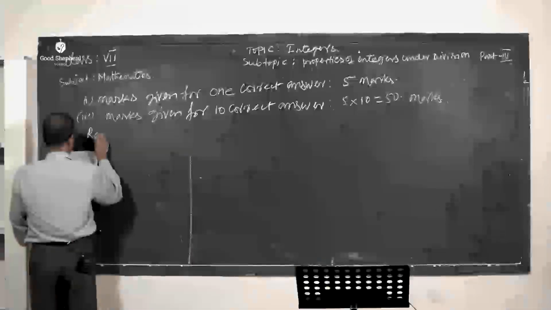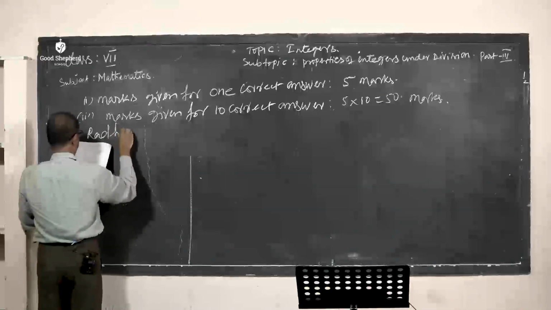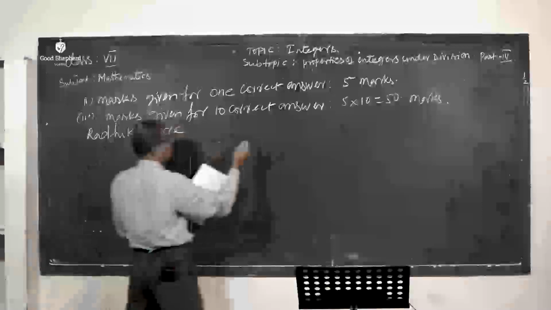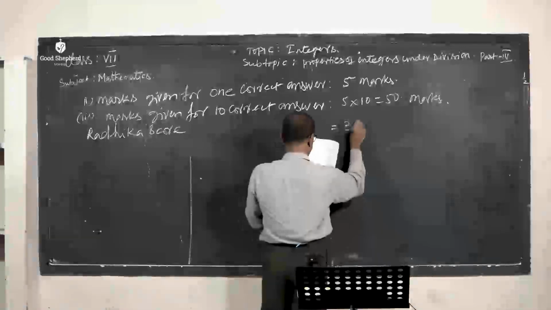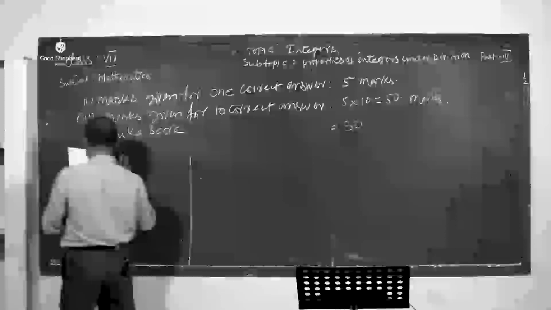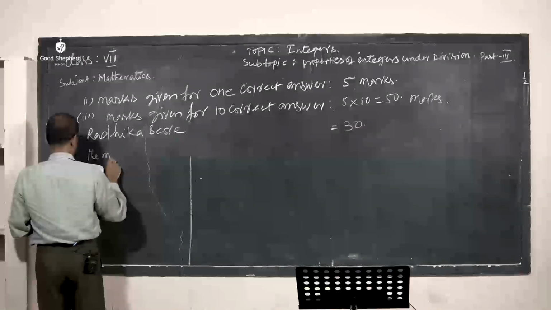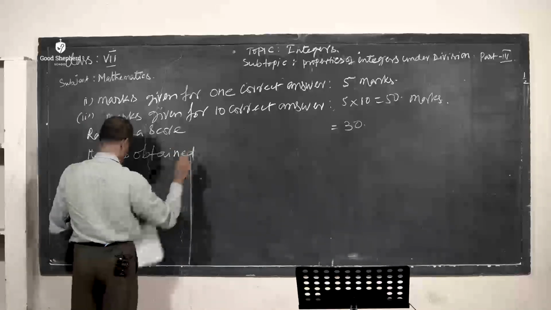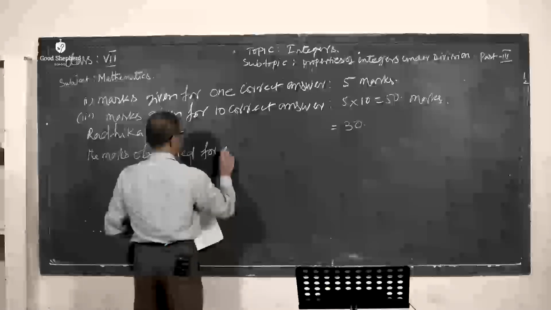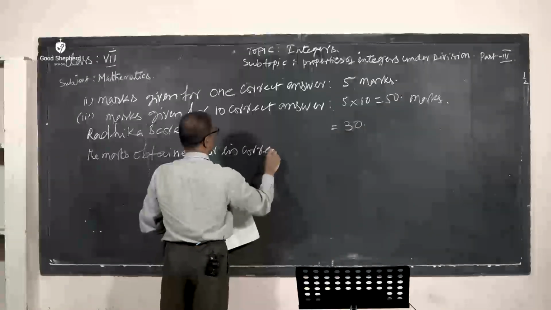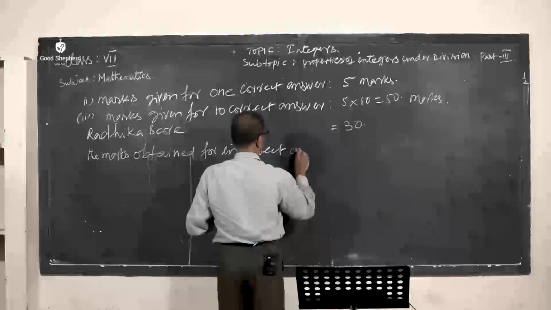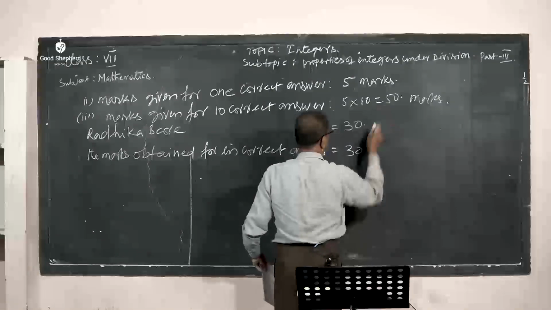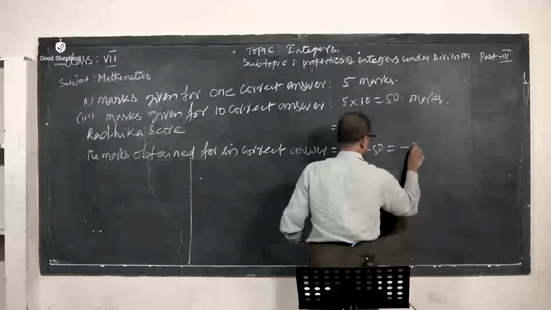Then Radhika scored, how many marks did she get? 30 marks she secured. So the marks obtained for the incorrect answers: 30 marks, she got 50. That is equal to minus 20 marks.